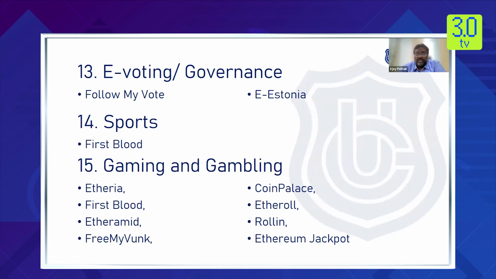E-voting and governance. Now, this is something which is happening with digital identity. One of the best examples and use cases is Estonia. The entire Estonian government and its digital offerings is something which needs to be studied by the whole world and different jurisdictions, and could be implemented. Blockchain and other things are coming into sports also, gaming, gambling, all these areas are being affected, and new capabilities, technologies, and much more security and authenticity are being governed over there.